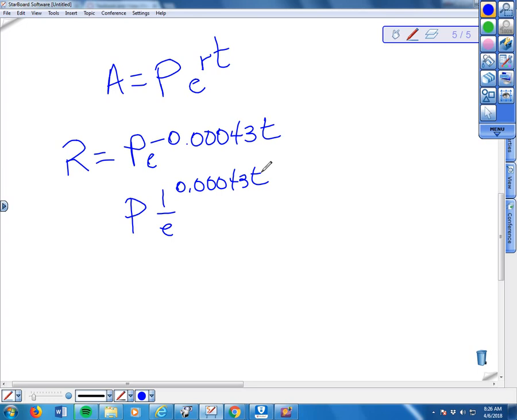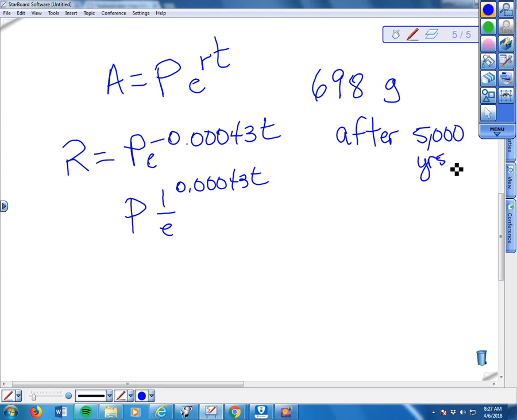Okay, so it tells me that radium is modeled by this function, and there are 698.9 grams present after 5,000 years. The question is, how much did it have 5,000 years ago?